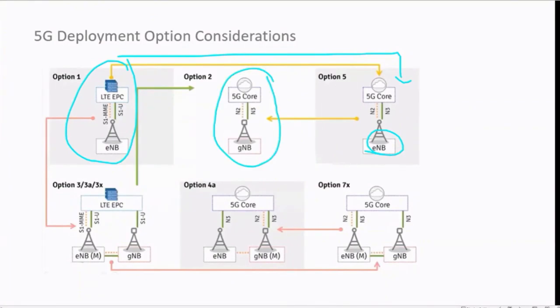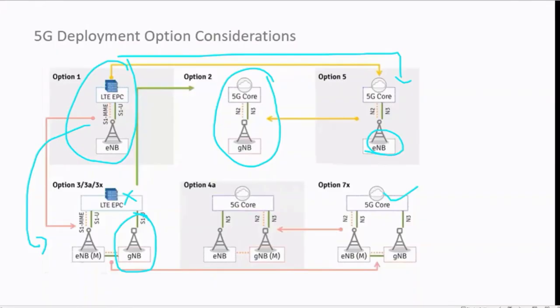Or, as I said earlier, the most used option, which is 3x. Do not uninstall the E-NodeB, do not uninstall the LTE core. Just go to the 3x option and add a G-NodeB to improve the data rate. Then there may be some other options. We can go to option 7x, because in this case we are uninstalling the LTE core and using the 5G core.